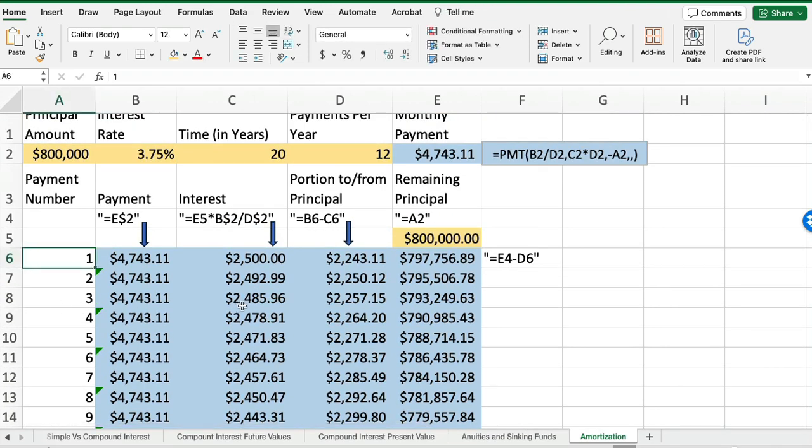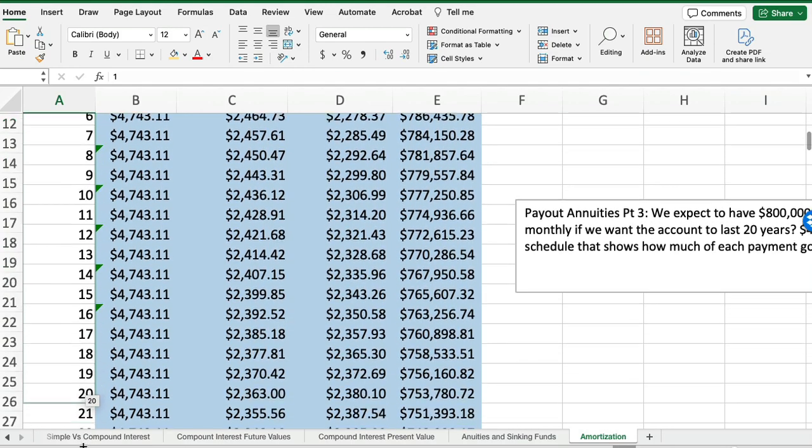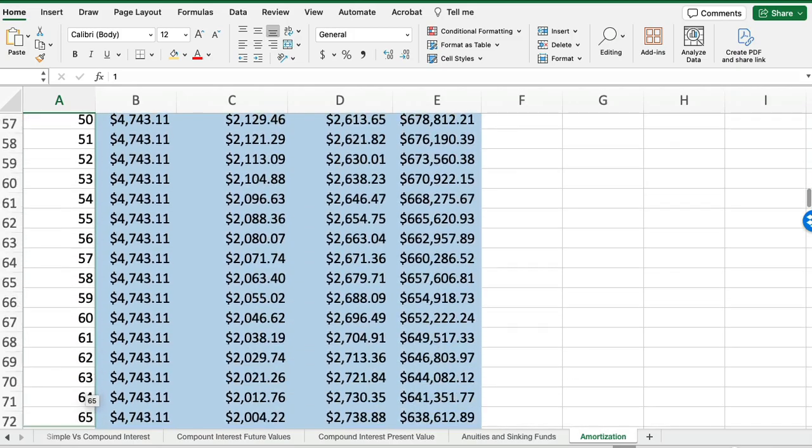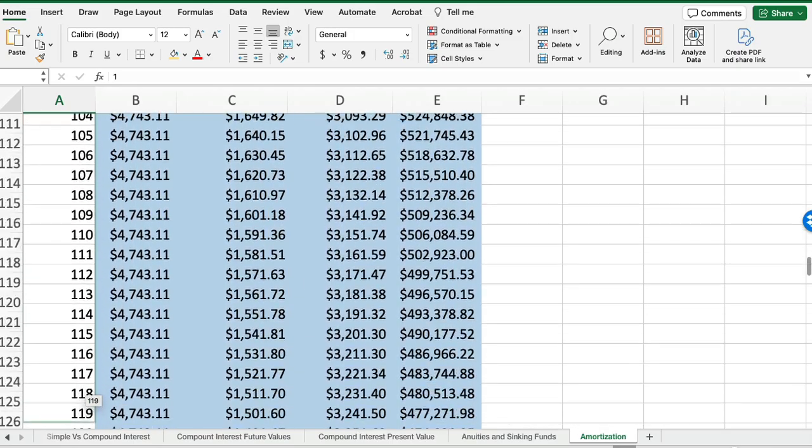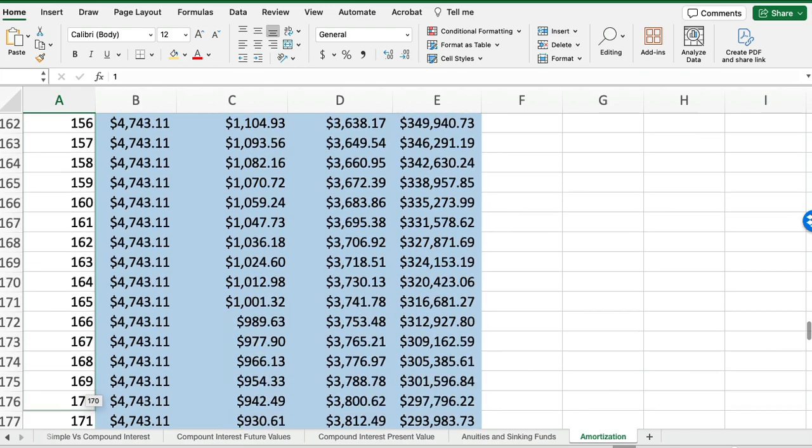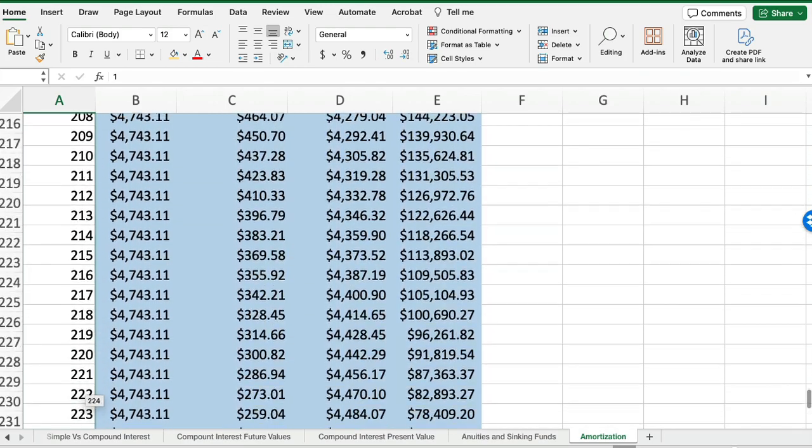So the first thing, I already have it copied down, but basically put the first couple numbers in over here, 1, 2, 3, 4, 5 maybe, and then highlight all of those and just fill all the way down until you get to 240, that's the total number of payments that we have.